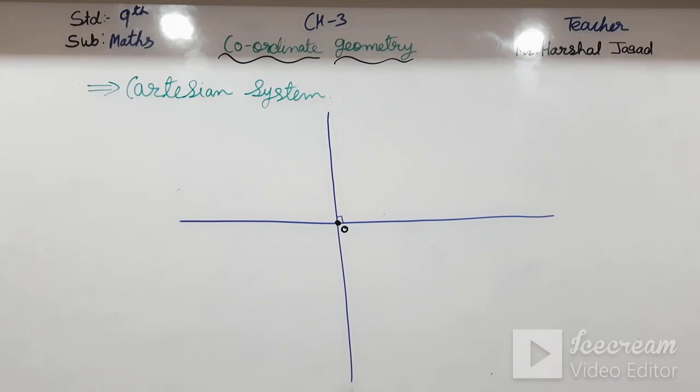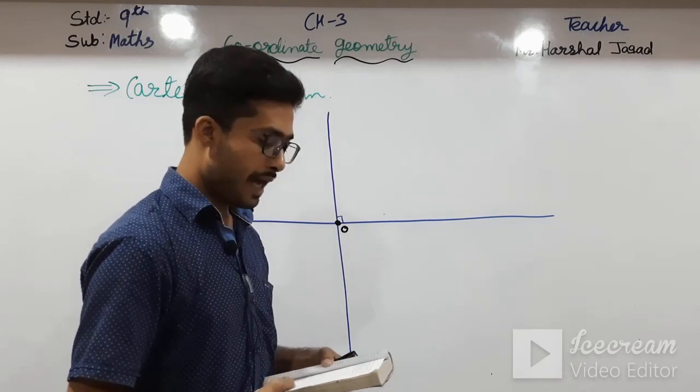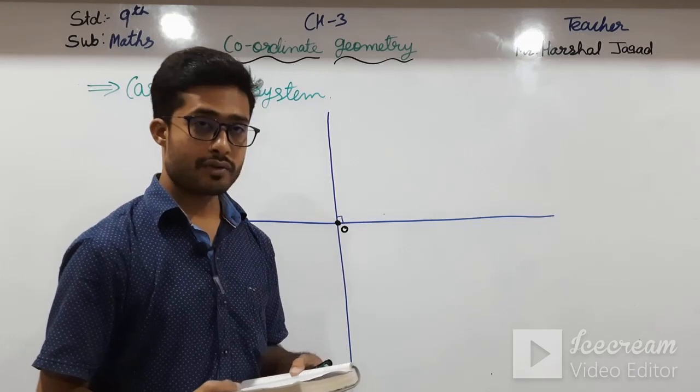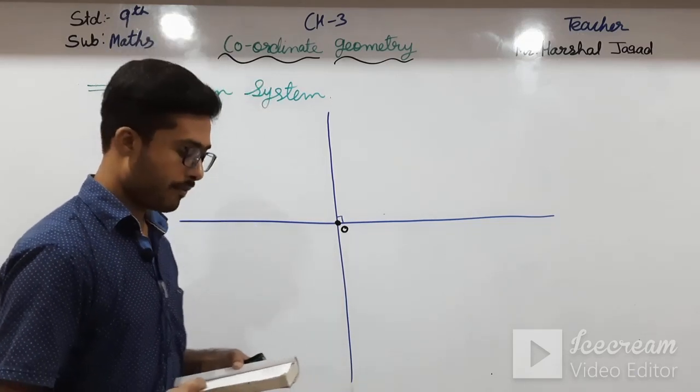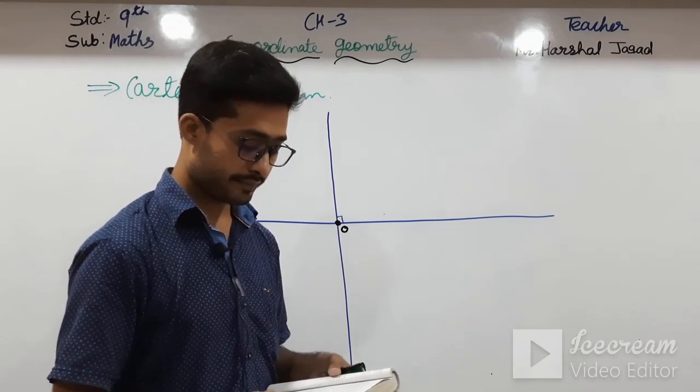See here, I am reading next, that these lines are actually obtained as follows. Take two number lines, calling them x prime x and y prime y, placing x prime x horizontal.